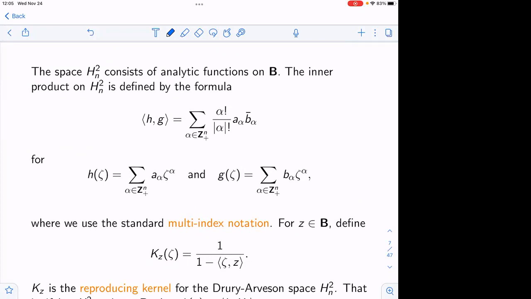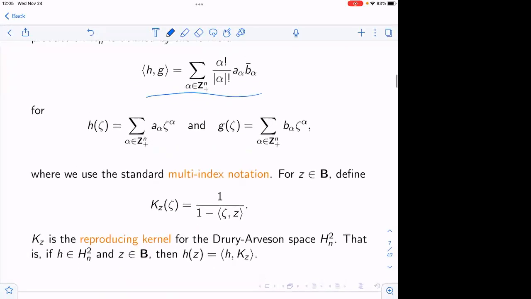You would just write down what the definition of the inner product is on the space of analytic functions on the unit ball. And that's this. It's given by this formula.